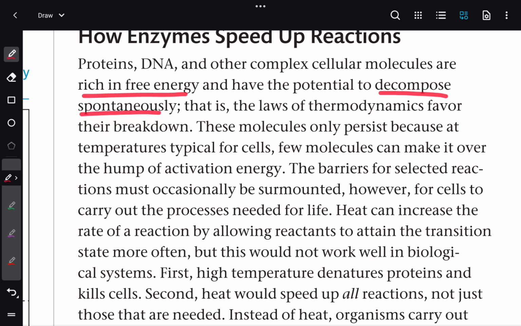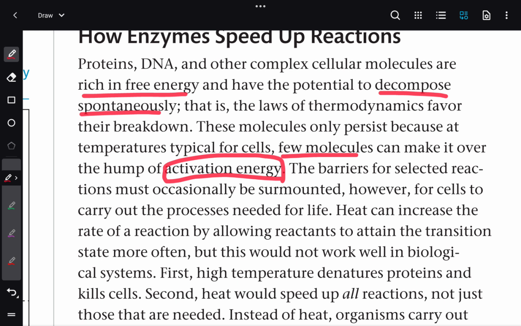The laws of thermodynamics favor their breakdown. These molecules only persist because at temperatures typical for cells, few molecules can make it over the hump of activation energy, meaning to get to the peak.